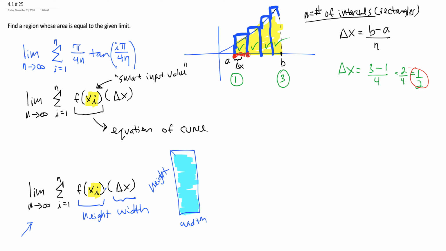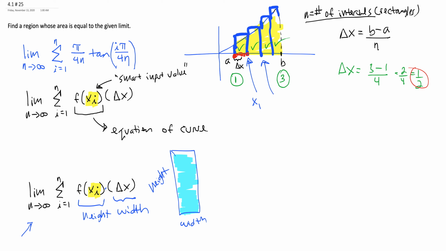Then you want to find out this x value over here. That's 1.5 plus 1/2, which is 2. And then you want this one over here, 2.5, and then 3. Since I'm doing the right side rectangle, this x value right here would be known as x1.